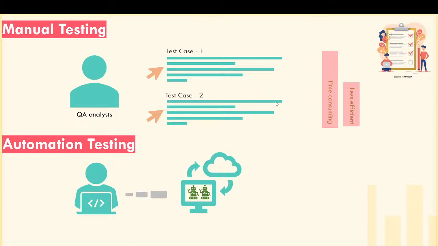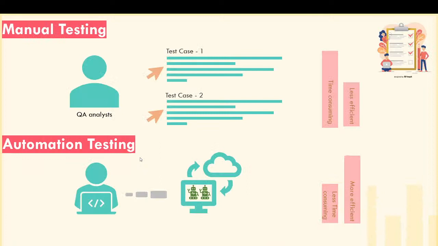Now automation testing is less time consuming and more efficient. What is happening here? You are simply giving your scripts to the computer, and the computer is doing it. Everything is happening in the background, so your script is taking care of it.